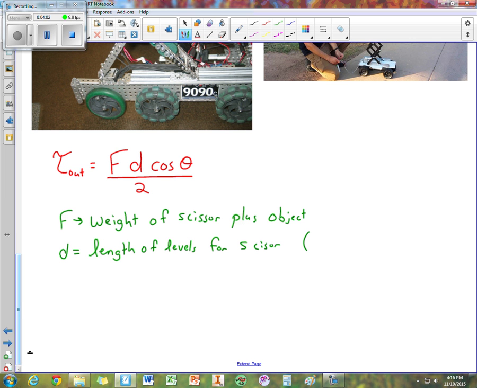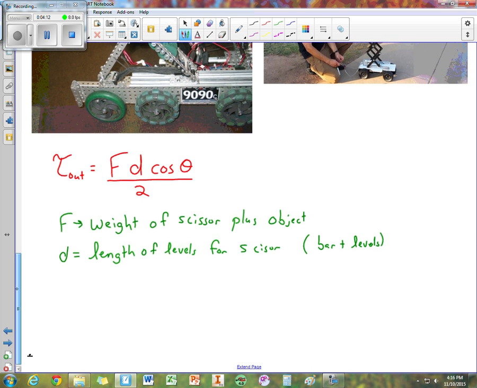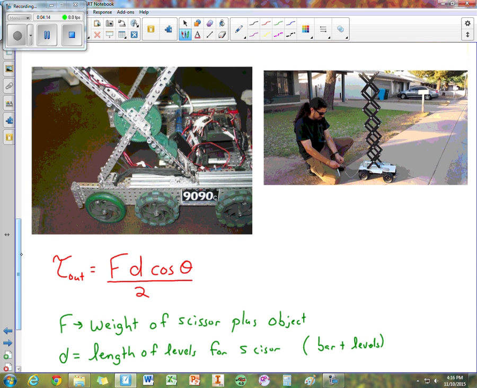So that's like the length of the bar plus how many levels you have. And what I mean by levels, if we come up to this picture right here, on this one, I'm counting 1, 2, 3, 4, 5, 6. So 6 levels.